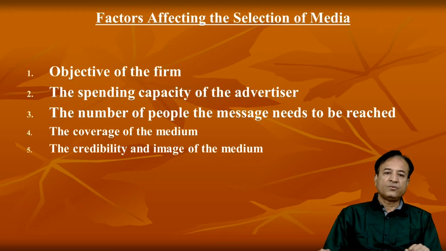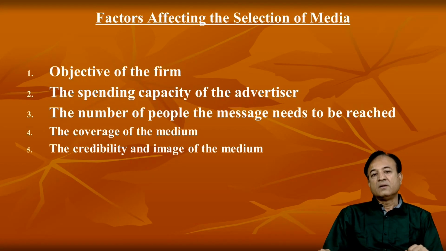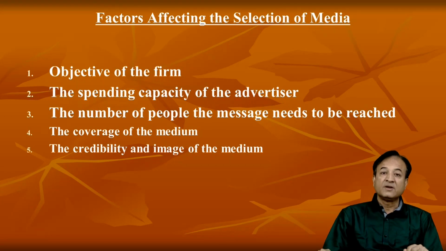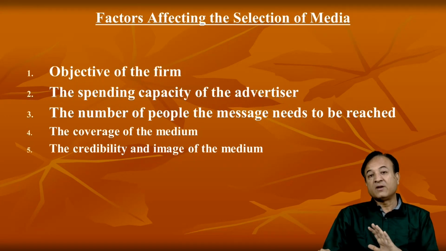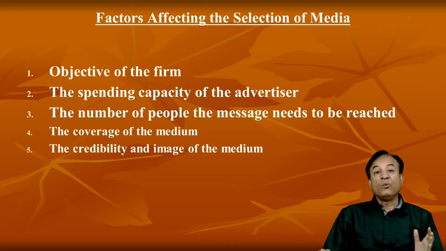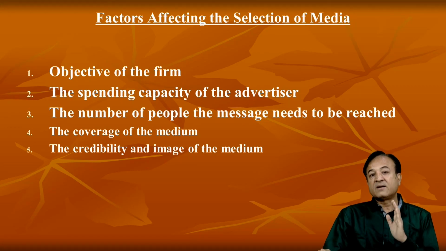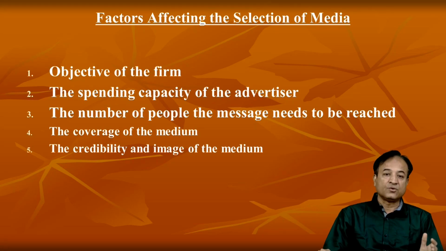Okay, there are 5 factors affecting the selection of media. Objective of the firm. Every company defines the objectives that it wishes to achieve through an advertising campaign. These objectives may again differ from new product to existing products, from one geographical area to another, from one target audience to another, and so on.